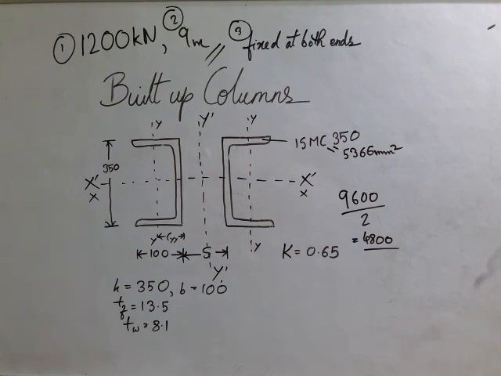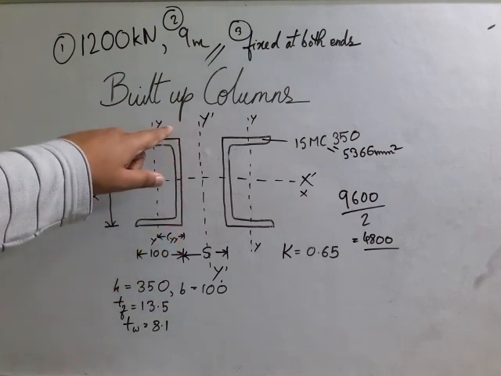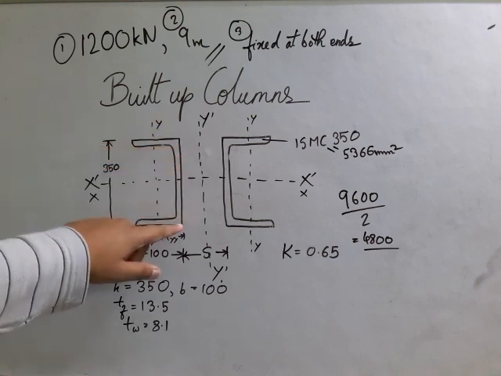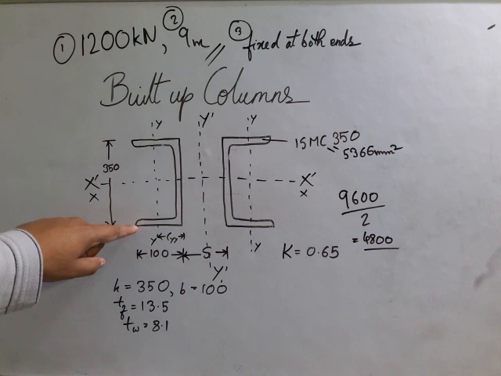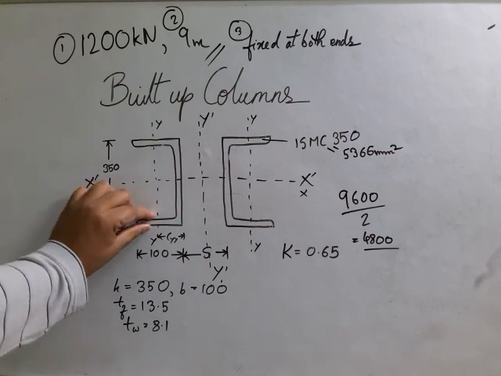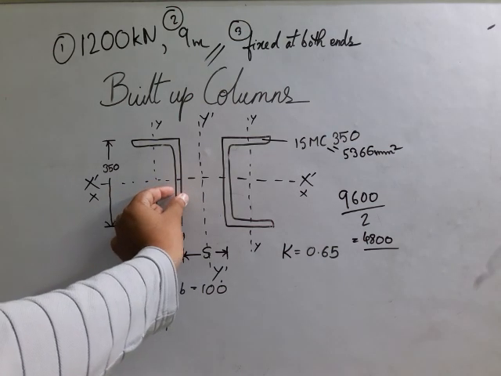From the steel table we can see that H is 350, B is 100, thickness of flange is 13.5, thickness of web is 8.1.